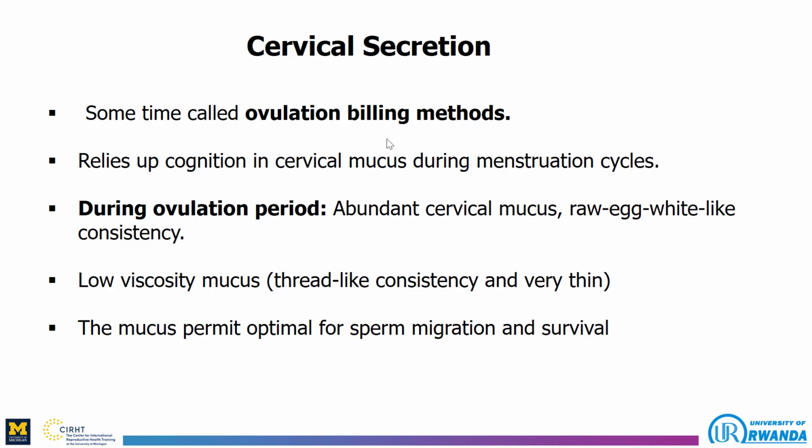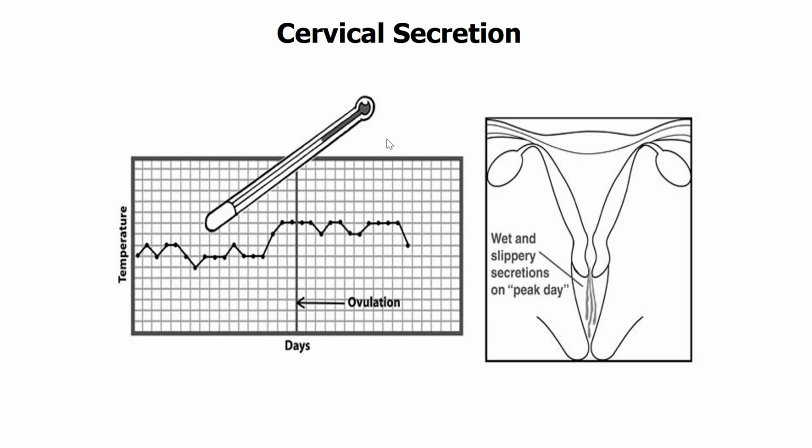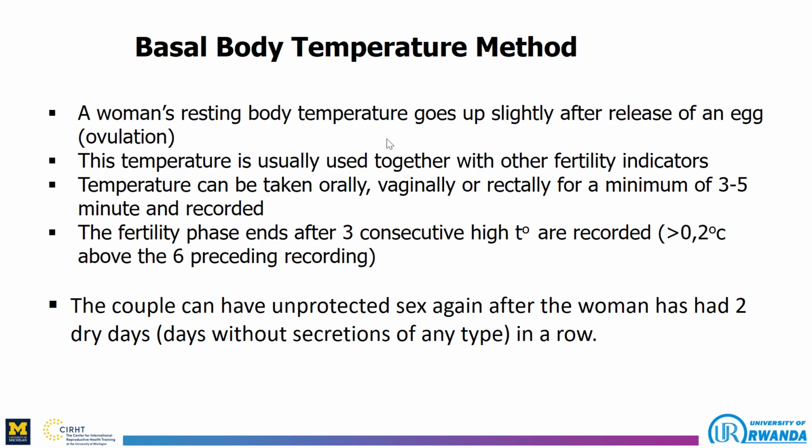The mucus permits optimal sperm migration and survival. This picture shows the secretion during the period of ovulation. The secretions are wet and slippery on the peak day, and the temperature is high compared with the preceding temperatures.